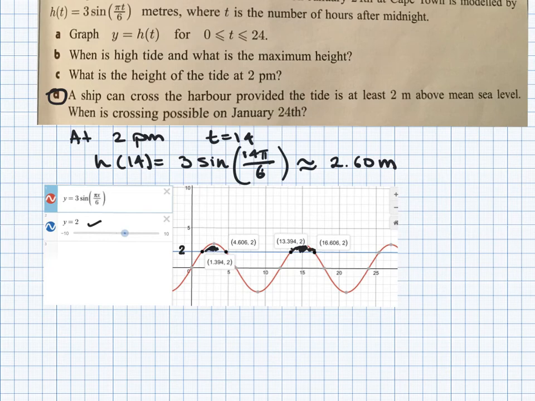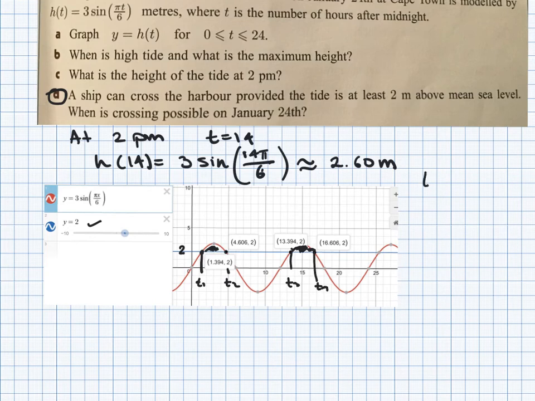You can use calculators to solve it because you're going to have different values. Using a calculator, or Desmos, is going to give you T1, here T2, and then T3 and T4. So when is it going to be safe?